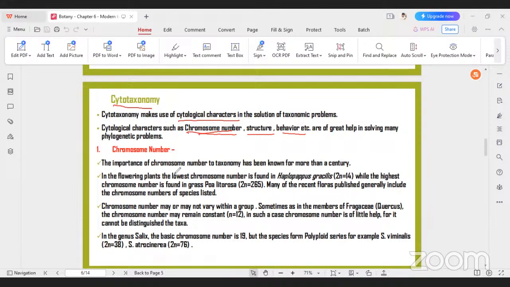First, let's see chromosome number. The importance of chromosome number to taxonomy has been known for more than a century.